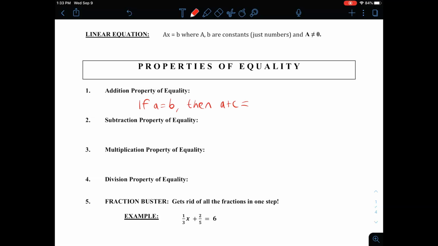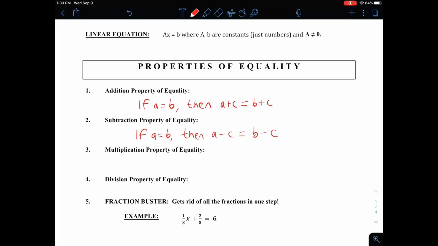If we got to maintain equality on both sides, we also have to put b plus c. Yep. Nice. So subtraction property of equality, if a equals b, then what are we going to put for the second line here? We're going to put a minus c equals b minus c.